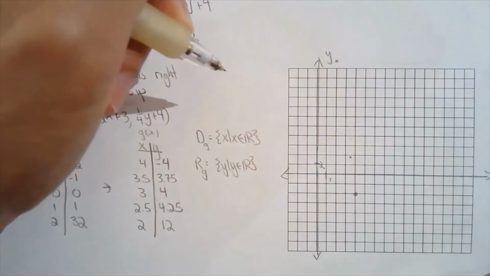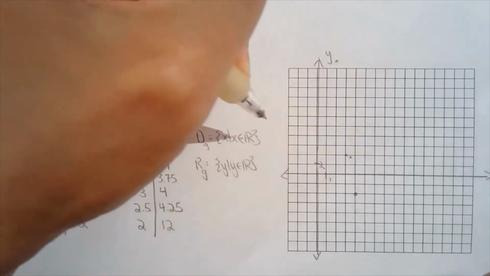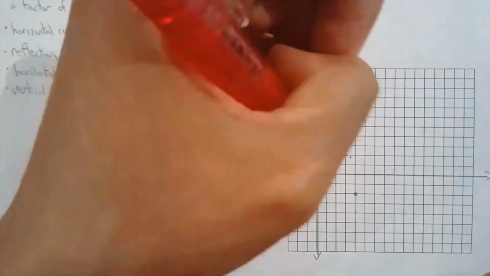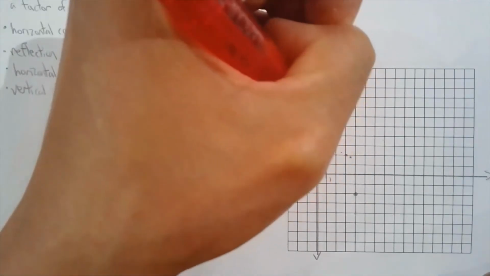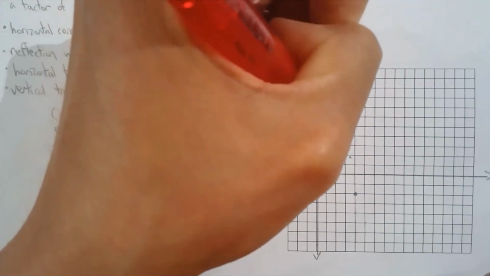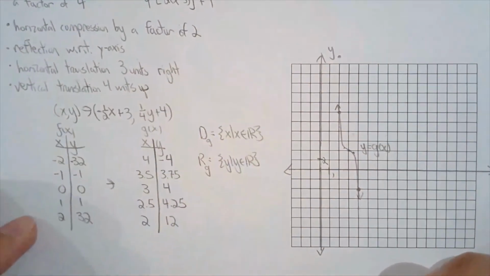Then 3, 4, then 2.5, 4.25, and then 2, 12. 2, 4, 6, 8, 10, 12. Beautiful. Point symmetry, I see it. Boom.